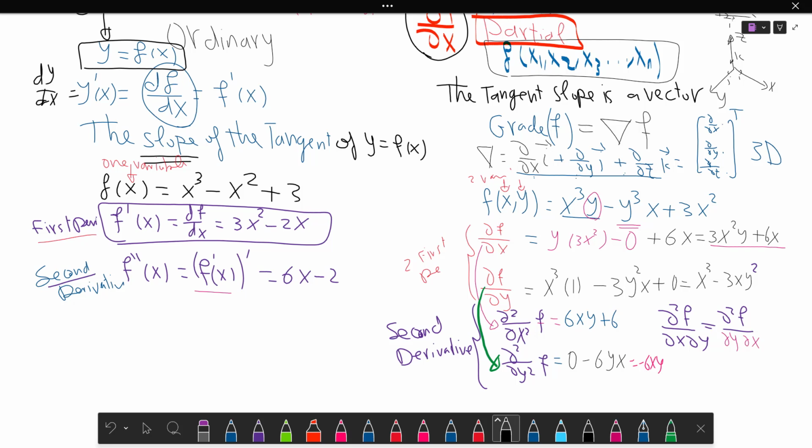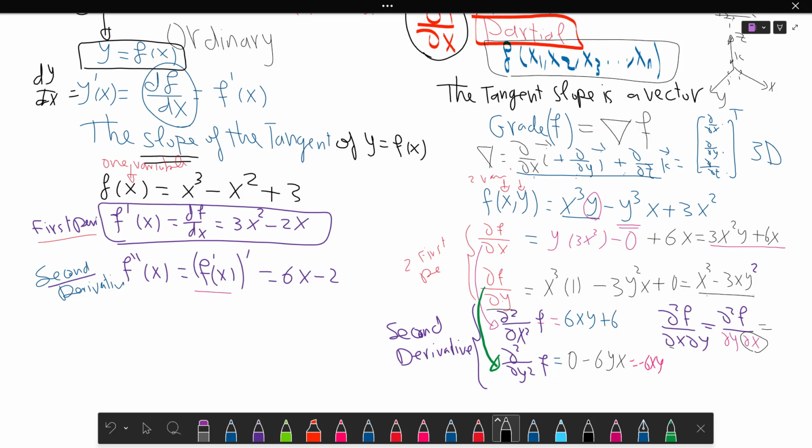Let's go for the mixed one. It is up to you. You start from x and then differentiate with respect to y, or start from y and differentiate with respect to x. You have the same result, right? Let's go for this one. We differentiated with respect to y and differentiated with respect to x to have this one. So how much do you have? This one. You differentiated with respect to what? So you need to differentiate it with respect to what? x.